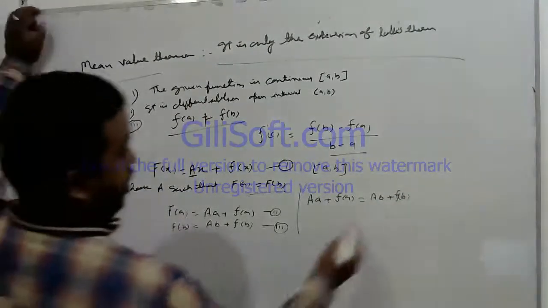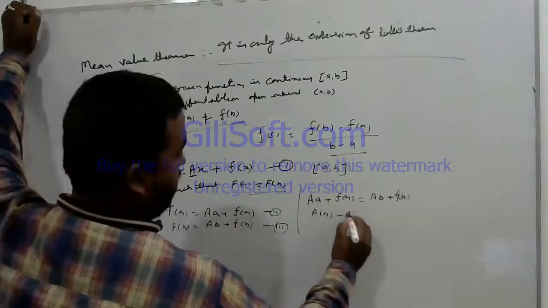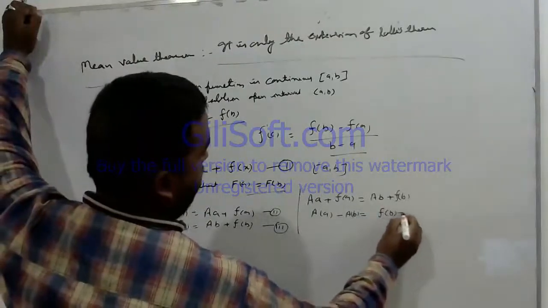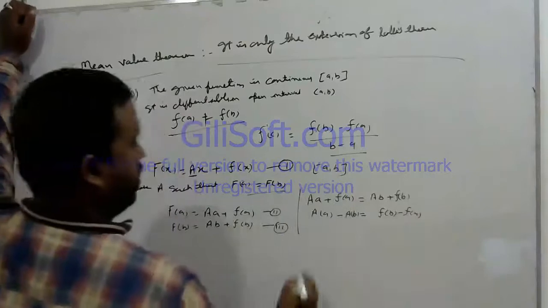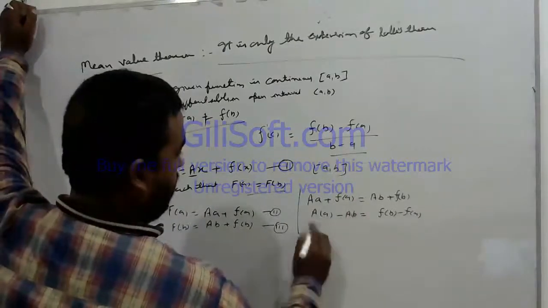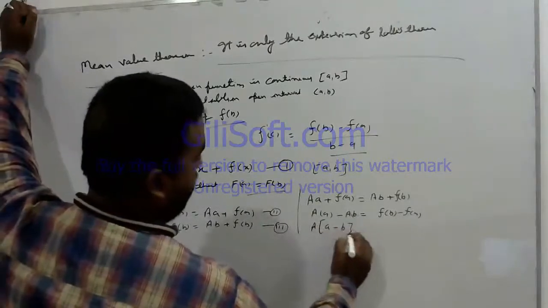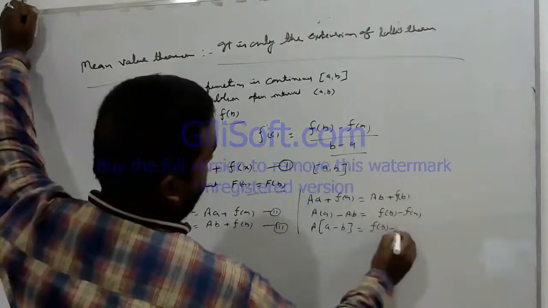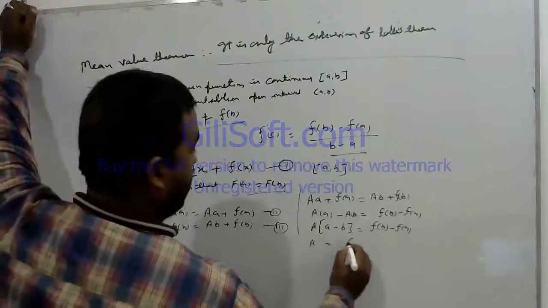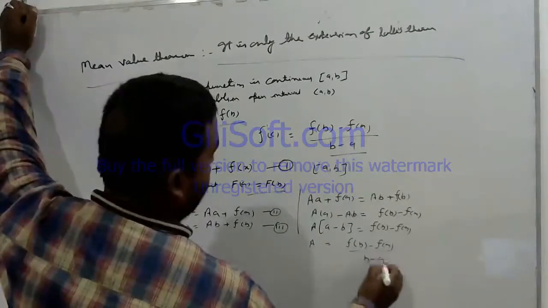Now Aa minus Ab is equal to f(b) minus f(a). Now you can take A as a common, so we get A times (a minus b) is f(b) minus f(a), and A is equal to f(b) minus f(a) by b minus a.